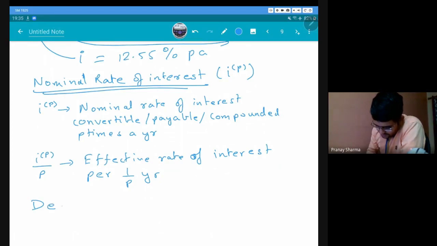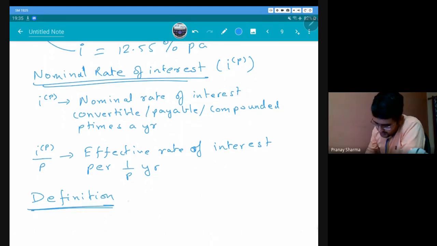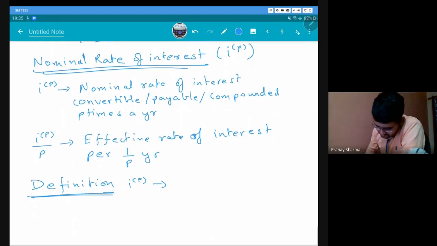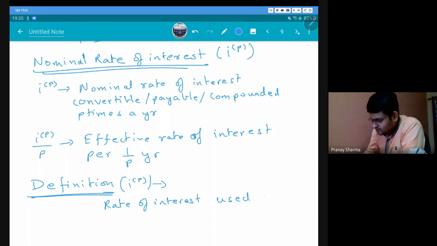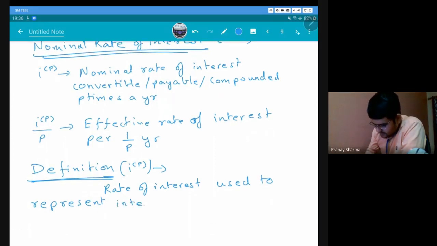If we want to talk about the definition of our nominal rate of interest, we'll say nominal rate of interest is a rate of interest used to represent interest paid more than once each year.